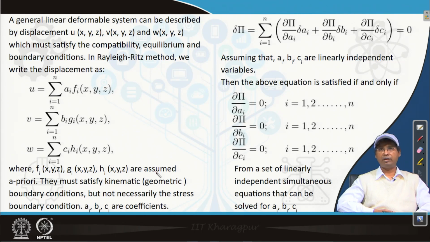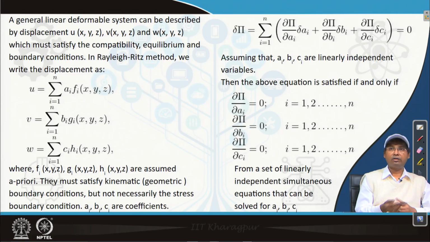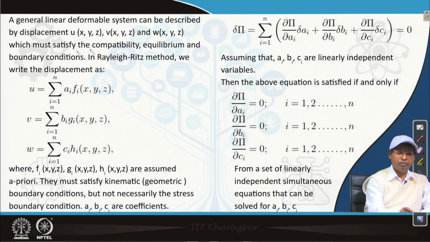Is it a displacement problem, is it a stress problem, or some other property we are going to solve. So, depending on that we need to consider, and not only that, what degree of accuracy we want to consider, whether it is linear, it is non-linear. Depending on all those things, this compatibility, equilibrium and boundary conditions will change, and accordingly these functions will change.